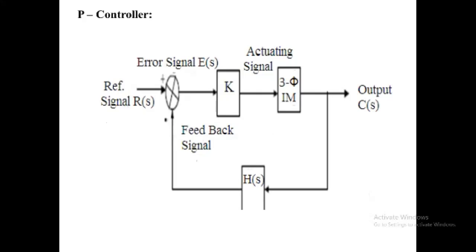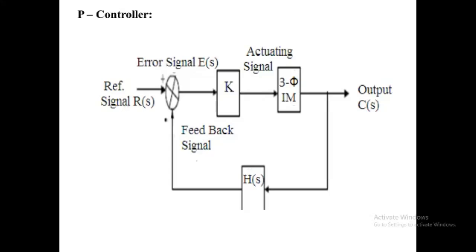See this diagram for the P controller. Basically, in this controller algorithm, the controller output is proportional to the error signal, which is the difference between the set point and process variable. In a P controller, the actuating signal for the control action in a control system is proportional to the error signal.